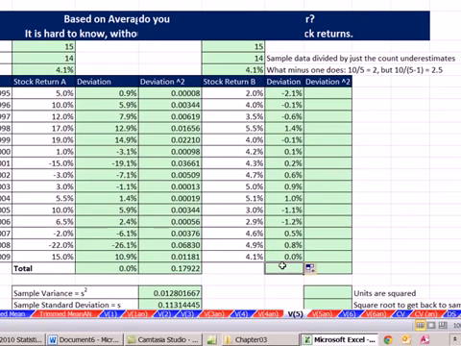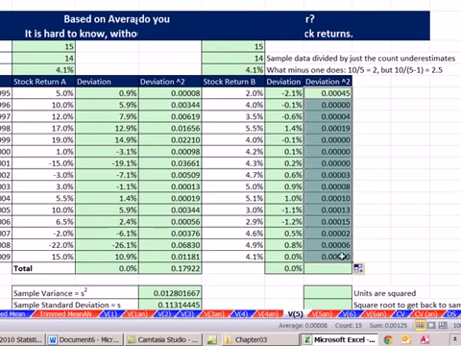Add them all up. Alt equals, and there it is, 0. That's why we have to do something to these, because we can't add up all the deviations. So we're going to square them. All right, so there we have our squared deviations. The fact that we squared it means at the end we're going to have to take the square root. All right, so ready? We're going to add these up.